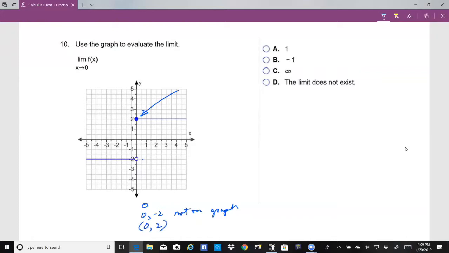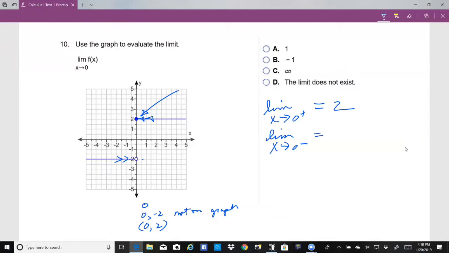Now let's look at the limits from the left and the right. The limit as x approaches 0 from the right is equal to 2. The limit as x approaches 0 from the left, just sort of look at the graph, home in on x equal 0, and you notice that you get closer and closer to x equals 0.